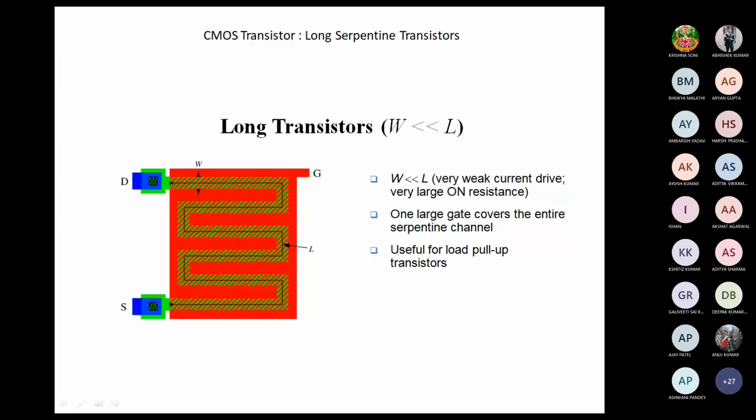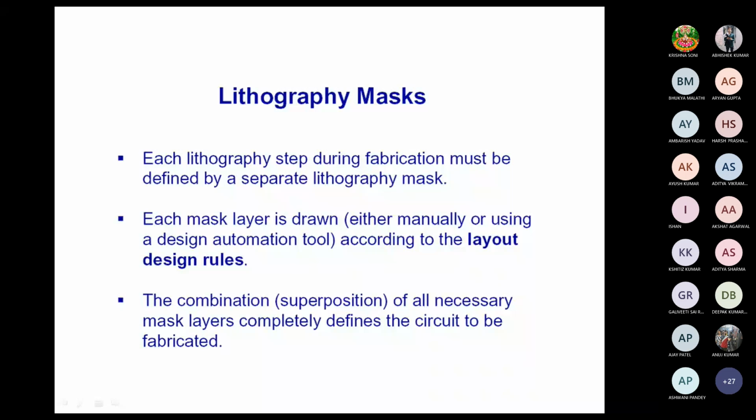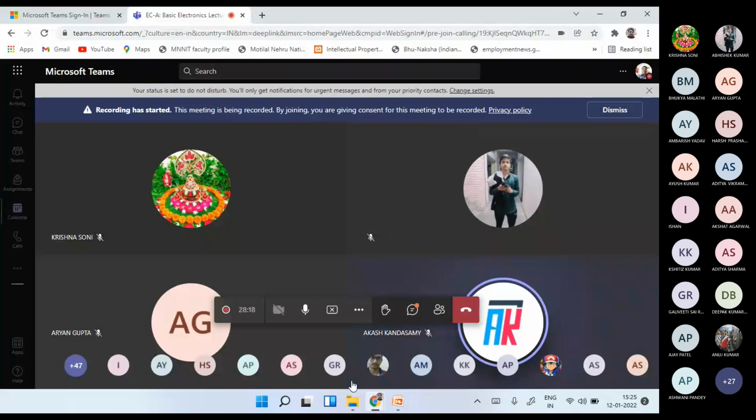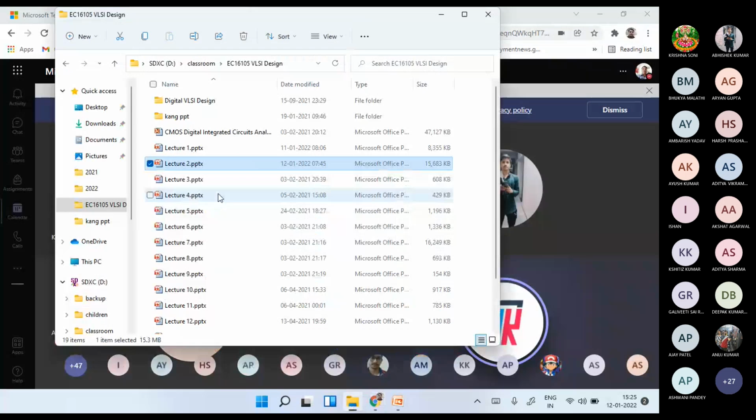Sometimes we need a very large, that is wide, transistor. So these are different ways in which we can do this layout design so that we have the maximum width of the transistor.